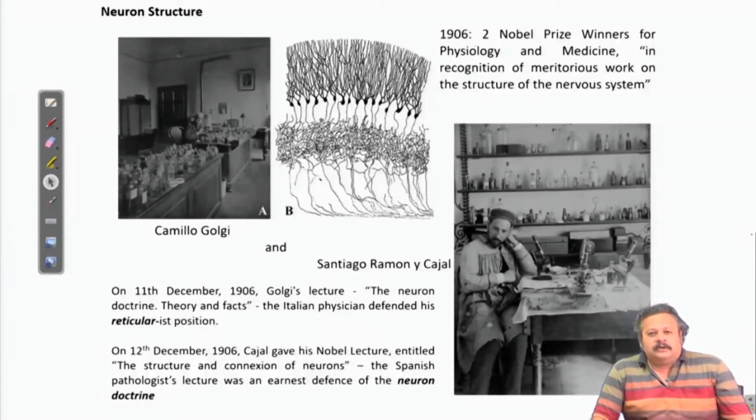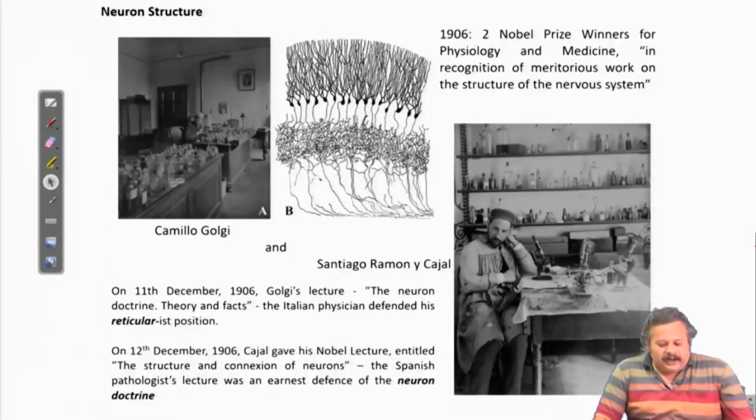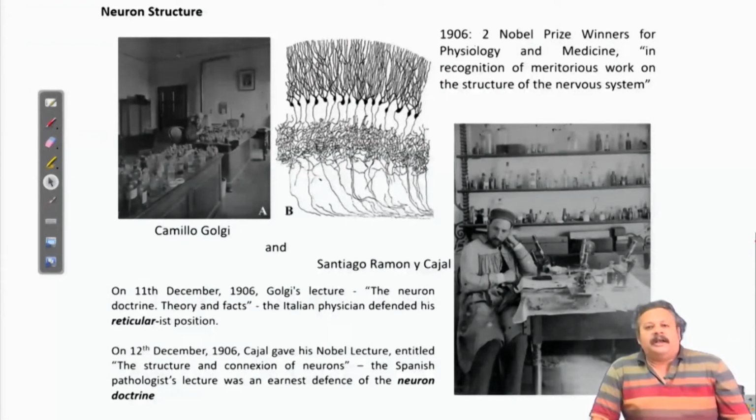And so Golgi, on the one hand, was of the group which propounded the idea of the reticular, or network-like, nervous system, more like the circulatory system, where everything is connected within itself.